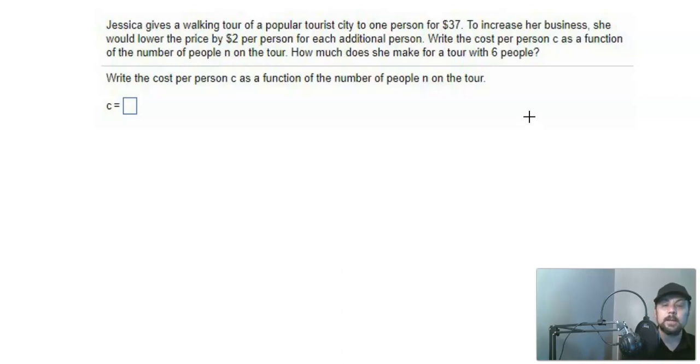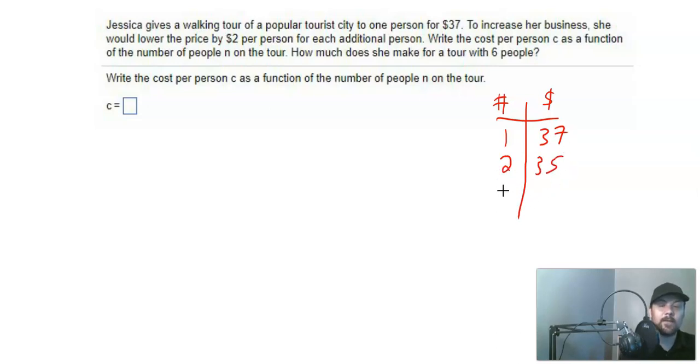So it might be helpful to make a chart of what's going on here, right? And so we have the number of people on the tour and how much money each person would have to pay. For one person going alone on the tour, they're going to pay $37. For 2 people, the discount is $2, and so they would each pay $35. For 3 people, there's another $2 discount.